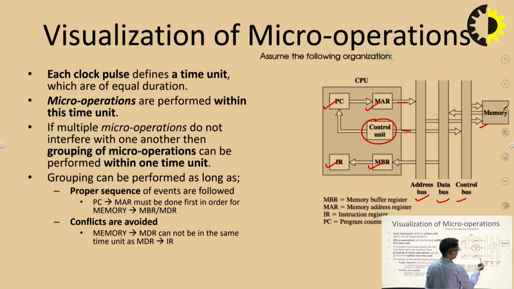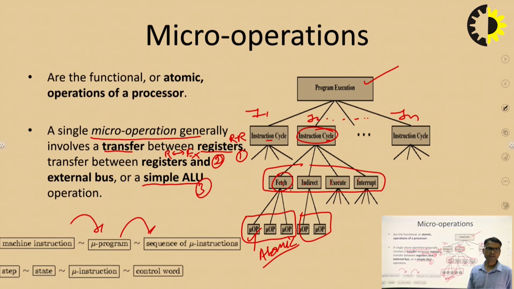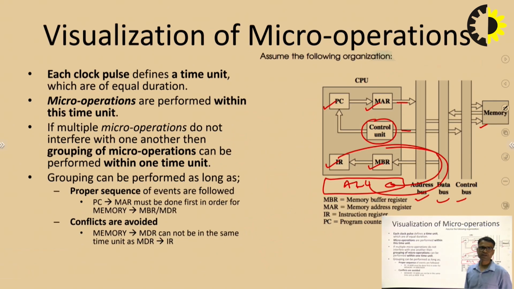And if we have to execute something, the ALU, which is connected somewhere here, will be executing the data that is transferred through the IR to bus, and bus to ALU again, then ALU to some register. So how is this micro operation being executed over this organization of a CPU?